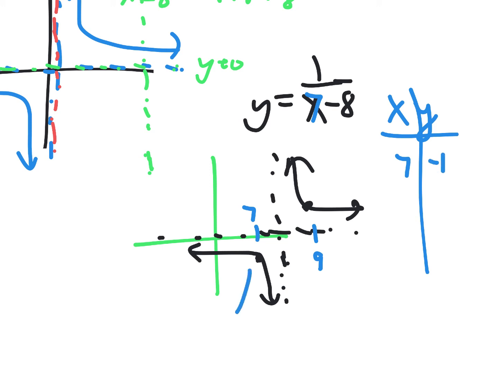Ooh, that's this one. And I stuck in a 9, and I got 1 over 9 minus 8, 1 over 1, which is 1. That's this spot, 9 comma 1. This spot was 7 comma negative 1.